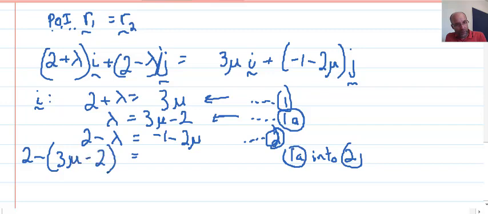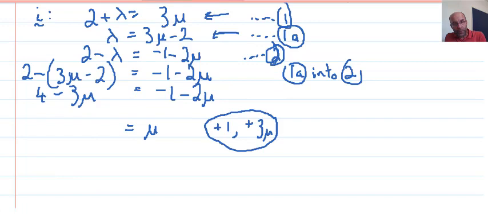So this is one way of doing it. There are other ways. So we have 4 minus 3 mu equals -1 minus 2 mu.